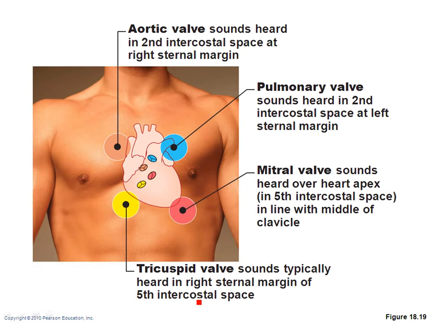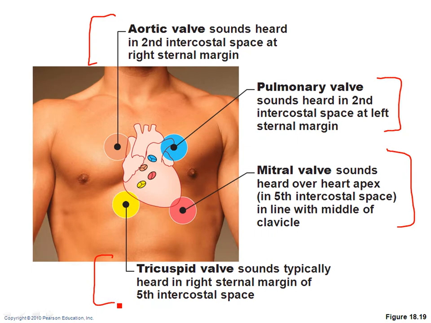This is a picture from your textbook, and I'm not going to spend a lot of time on this, but if you place your stethoscope in strategic locations, which you can read about on this diagram or in your textbook, you can actually hear the sounds associated with a particular valve closing. So we've got the lub sound and the dup sound.